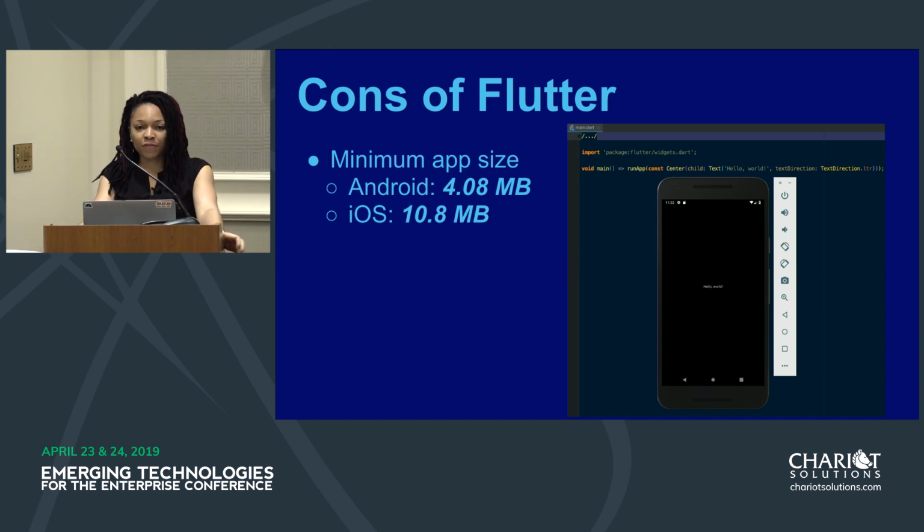So if you're considering Flutter, you have to take that into consideration and be aware that your app size is going to be this large initially. And the reason it's this large is because, as I showed earlier, Flutter bundles the widgets and the rendering engine in the app. So that's why it reflects in the app size.